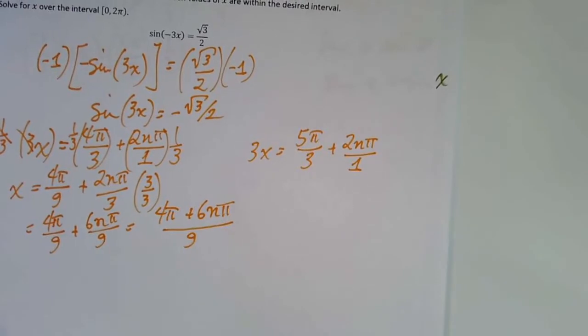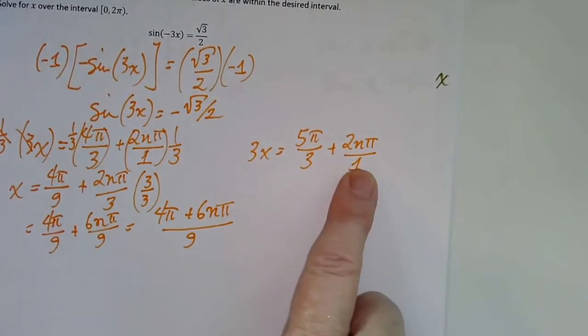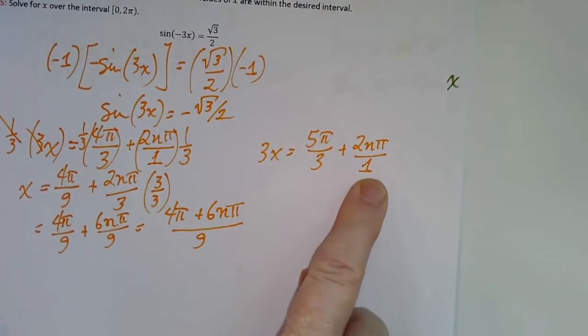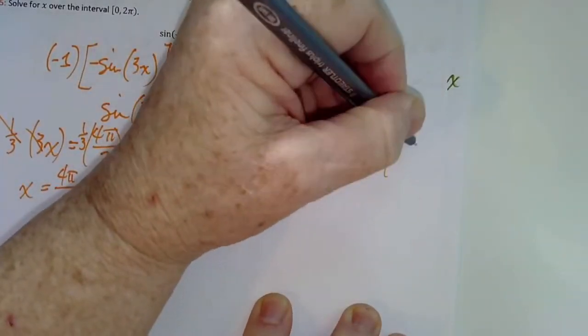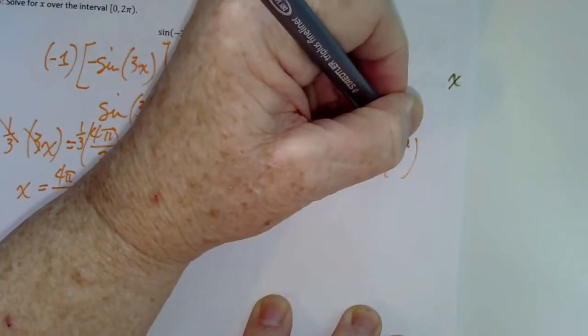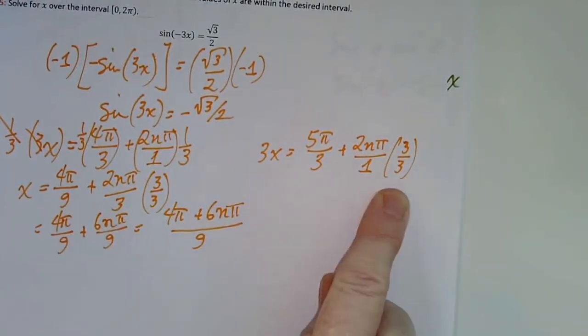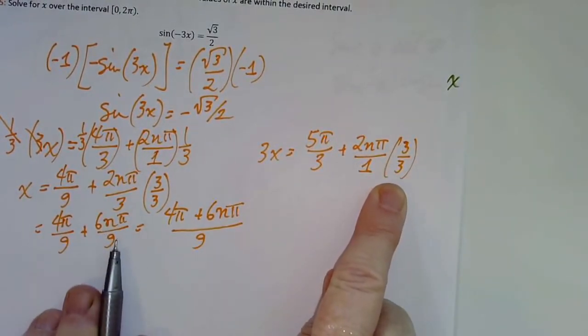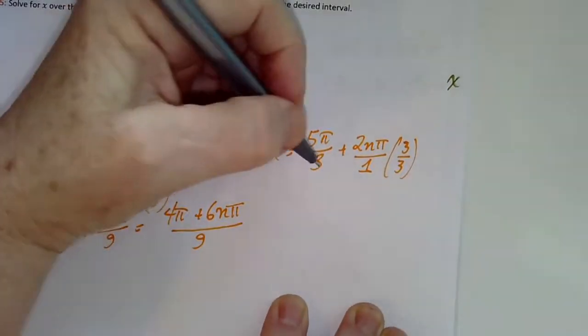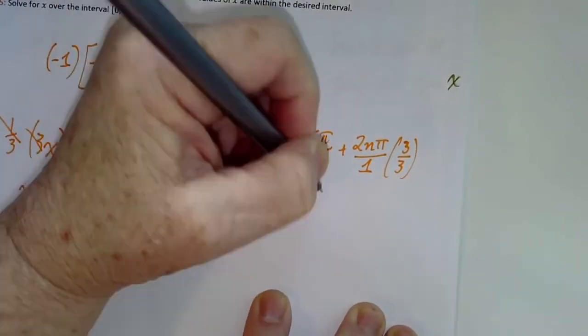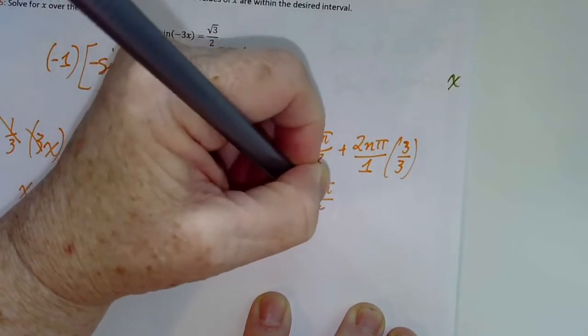And what's nice about this is that I don't have to redo the work on my second equation. Because 2n pi over 1 is going to be this exact same term. So here I've got x is equal to 5 pi over 9.